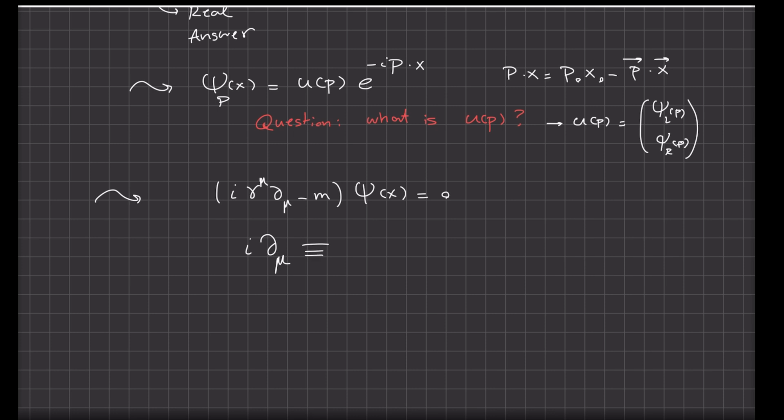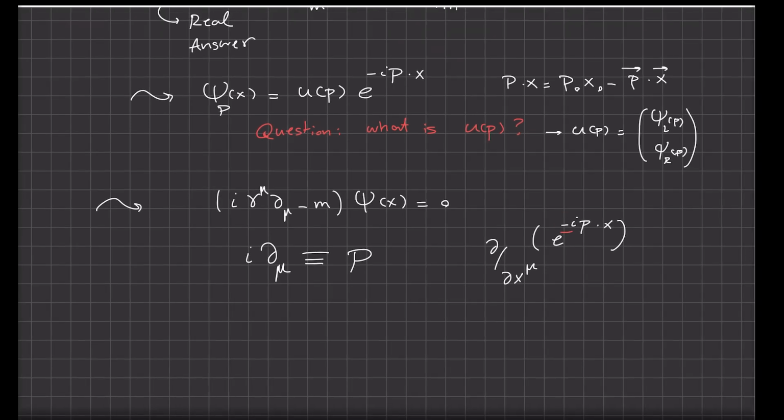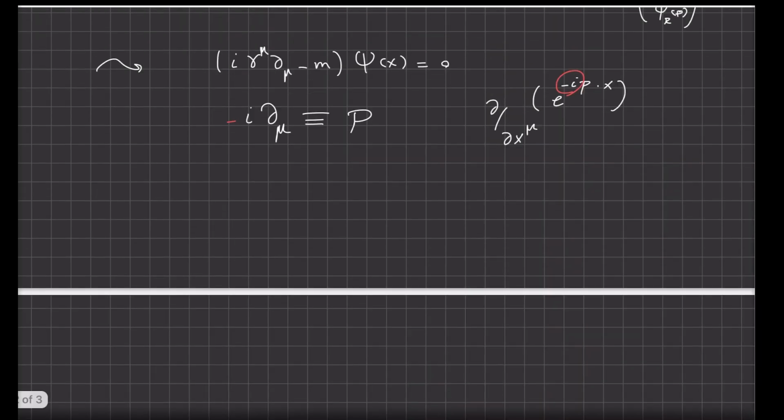The advantage of writing the solution as an exponential term is that the derivative term, i partial mu, turns into the momentum operator, because when we take the derivative of the exponential with respect to x, the ip comes out. The i goes away, and we are left with the Dirac equation, gamma mu p mu, without any complex terms.